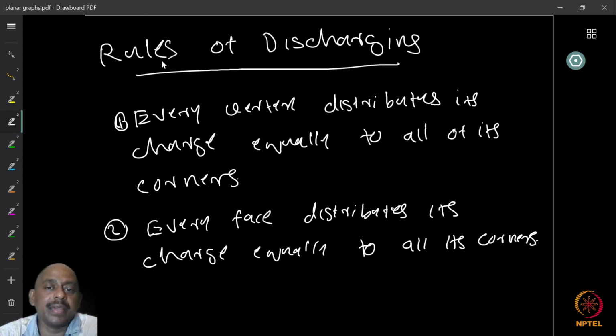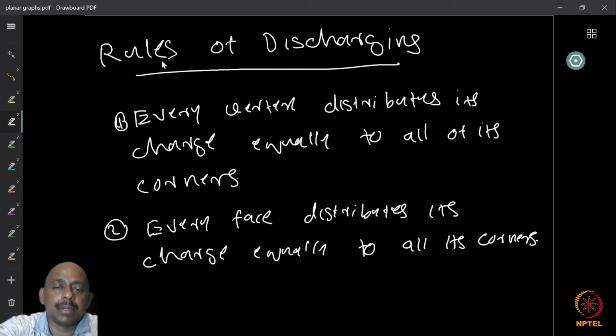Then every face distributes its charge equally to all its corners. A corner is a vertex face incidence, so it has a vertex as well as a face. The face has several corners, the vertex also has several corners. So each face gives its charge equally distributed to each of its corners. So this is the discharging rule.